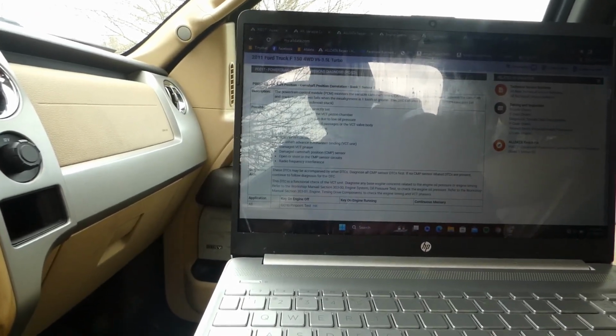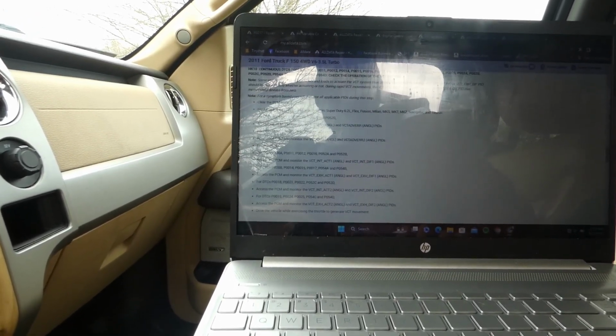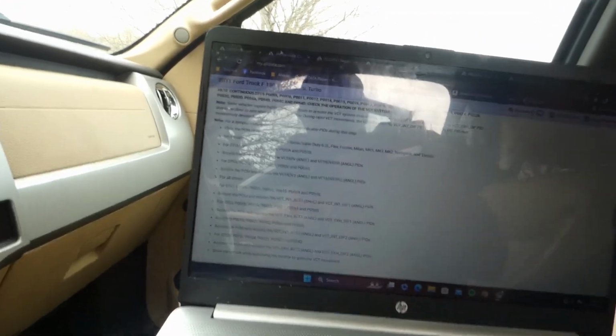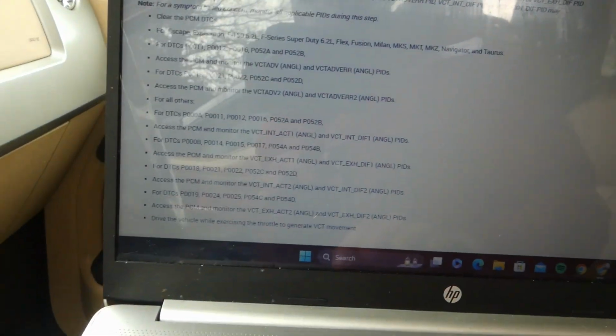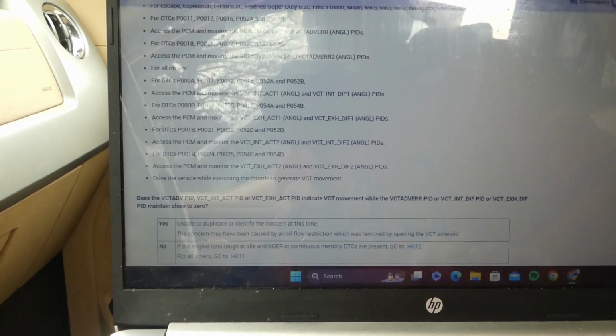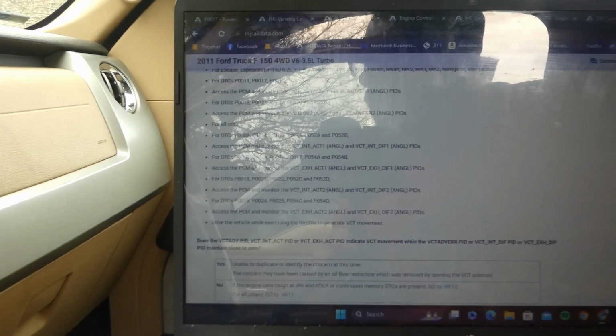All right, so we have a flow chart pulled up just to help. Like I said, it's not going to be a sensor. This is a mechanical problem. We know it's off time. When I first got the truck, it cranked, didn't start.